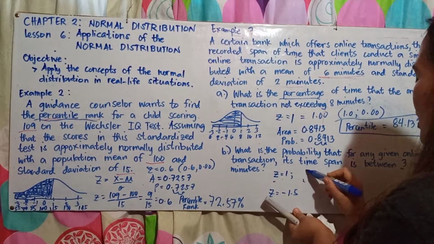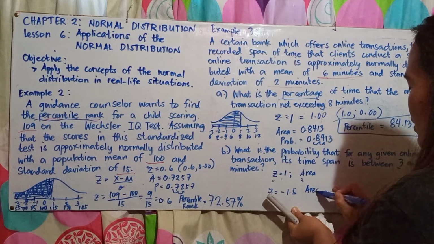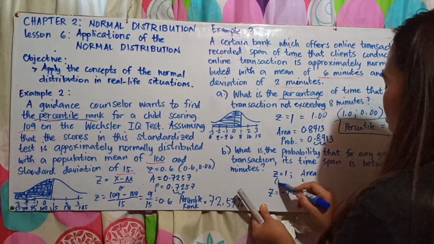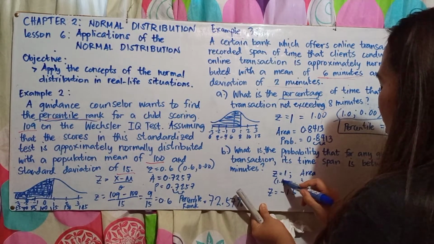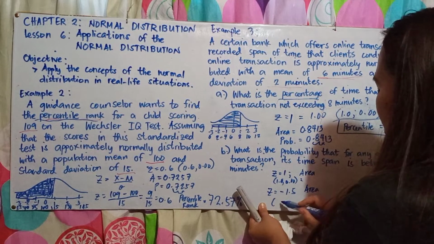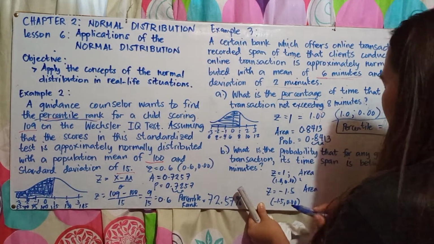Okay, next. Pangitaon ang area nilang duha. Asa man ni siya makita? Sa 1.0 and 0.00. Kani, negative 1.5 and 0.00.